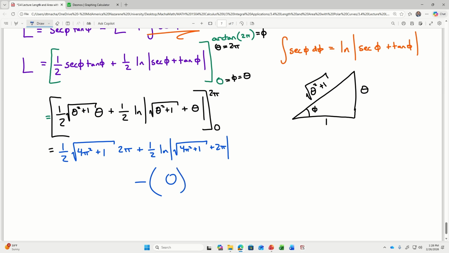And the only thing I need to put in my calculator then is this junk. The 2's cancel. At least then I get pi times square root of 4 pi squared plus 1 plus 1/2 natural log of square root of 4 pi squared plus 1 plus 2 pi, and so forth.